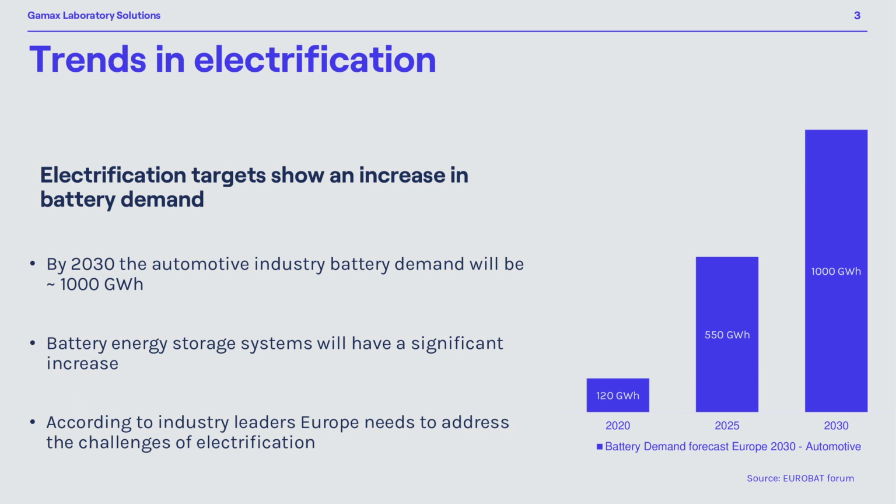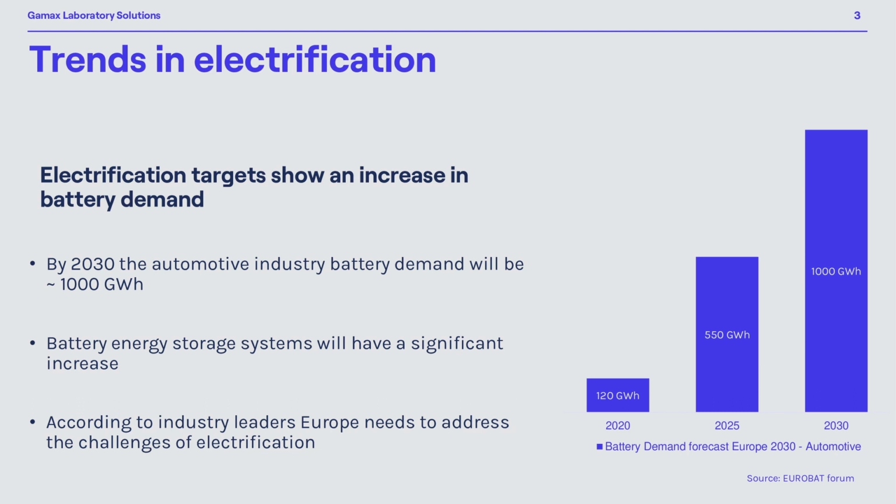We can see that by 2030, there will be a demand of 1,000 gigawatt hours to be stored in batteries only by the automotive industry. So it doesn't include aerospace or grid applications. So this shows a huge increase in storage systems in the next couple of years.